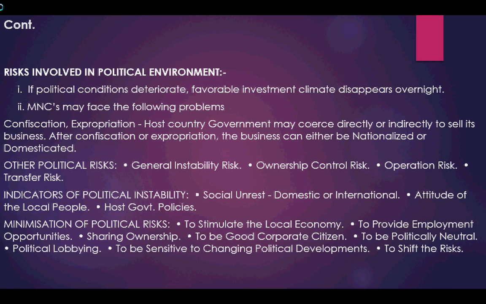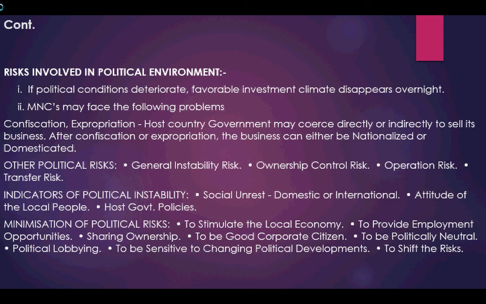After confiscation or expropriation, the business can either be nationalized or domesticated. If the host country government decides to purchase all business operations of multinational companies operating in its jurisdiction, or because of political disorder or economic factors, confiscation might take place. That time there is a risk involved.